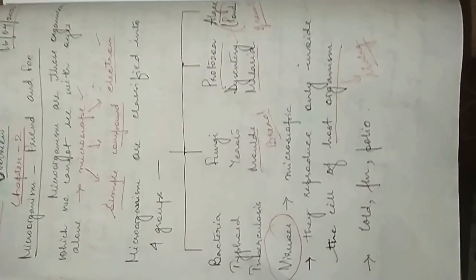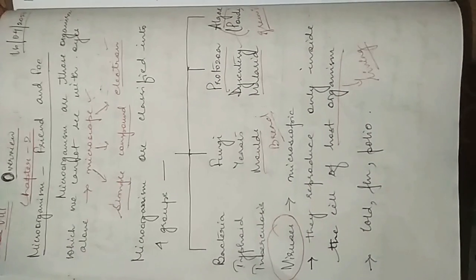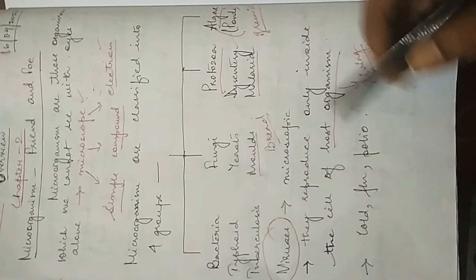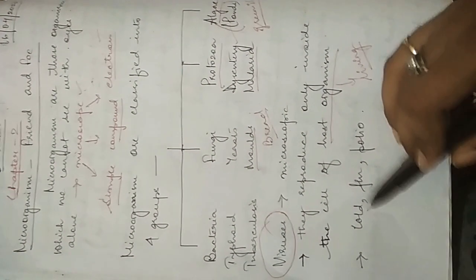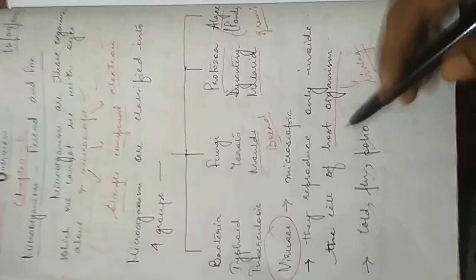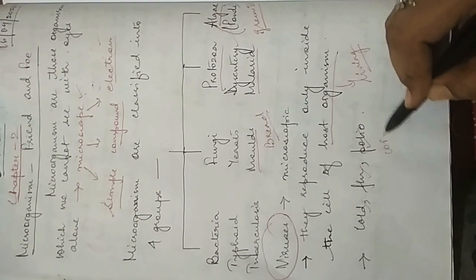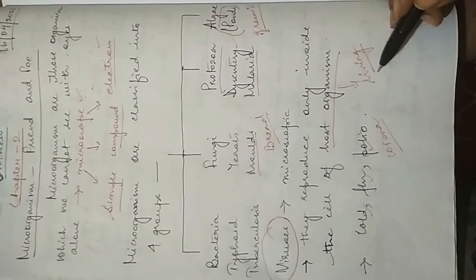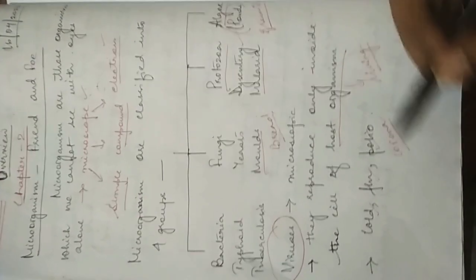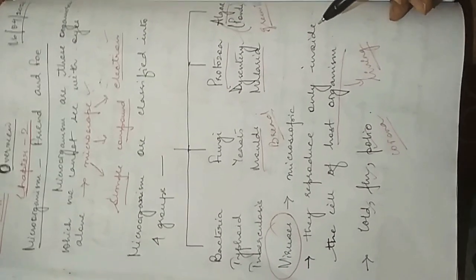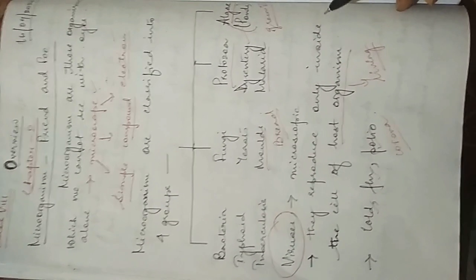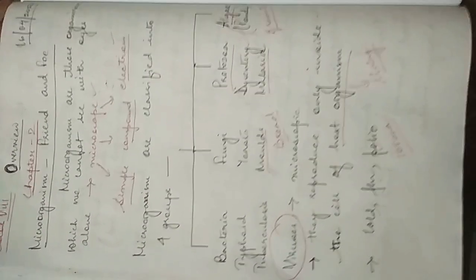They only reproduce in living organisms. The most common diseases which they cause are cold, flu, polio, and most common now is corona, which is also a type of virus. It shows symptoms like flu, but it has very severe consequences.